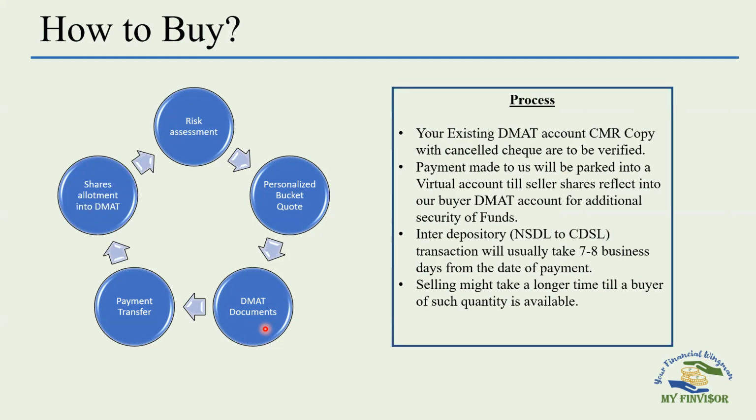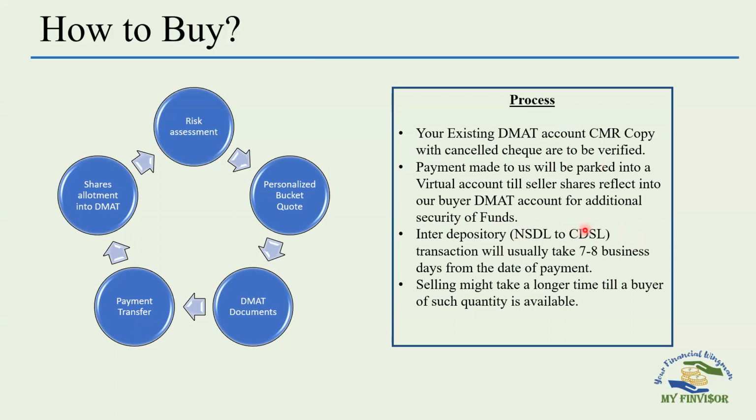So it takes from 7 to 8 business days once you transfer the money to us or the intermediaries. It depends on the depository. If the shares are in NSDL, it hardly takes 2 to 3 days, and if it is CDSL to CDSL, again it hardly takes 2 to 3 days.